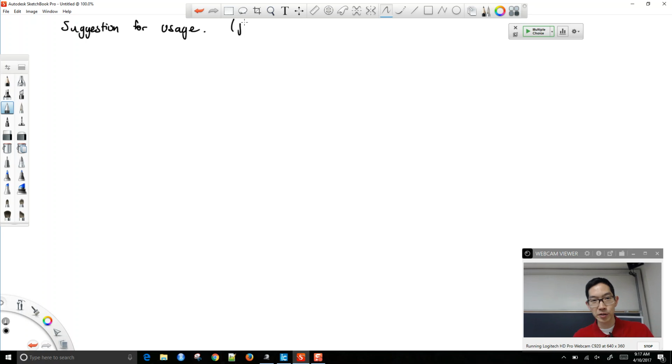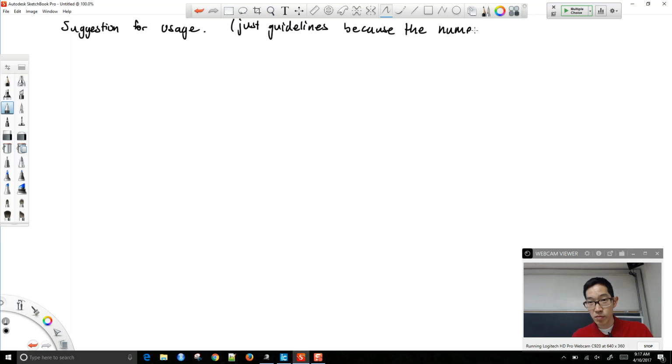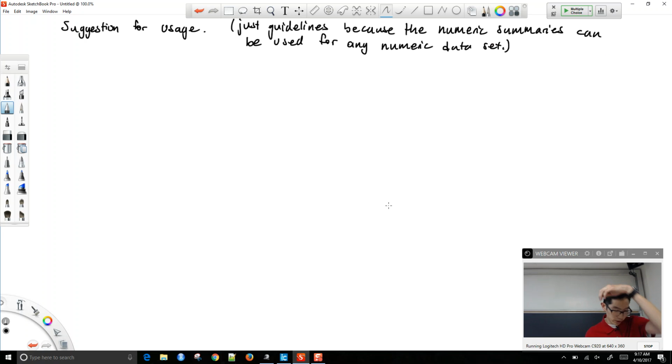Okay, so these are just guidelines because they can be used in any case. Okay, and so the guidelines are if your data is skewed.